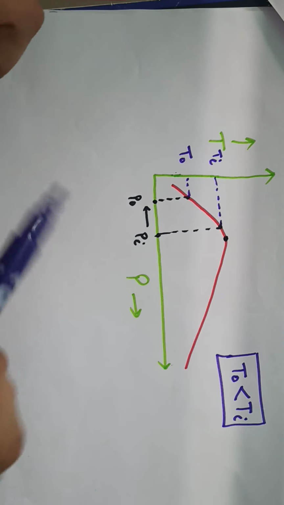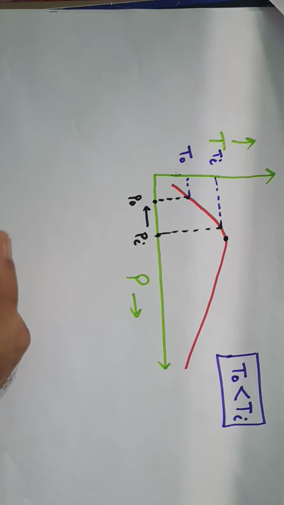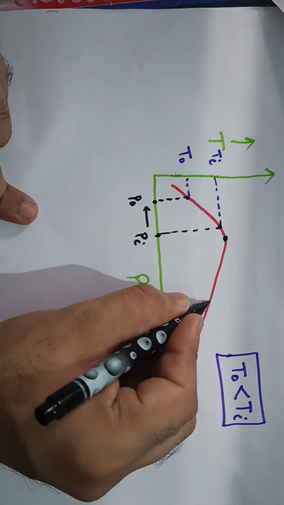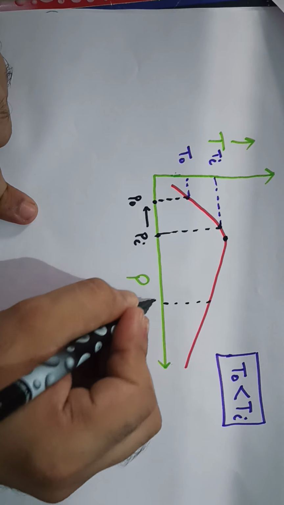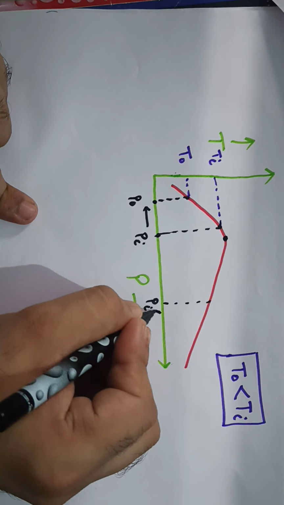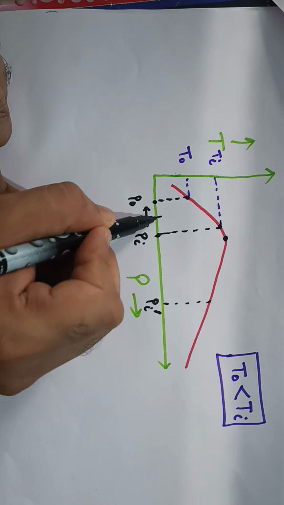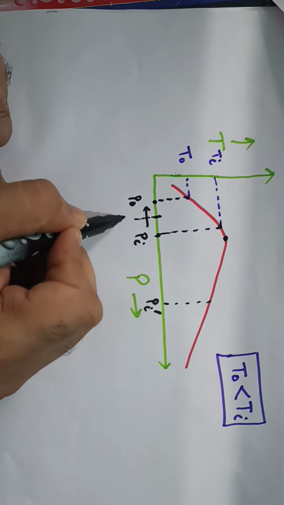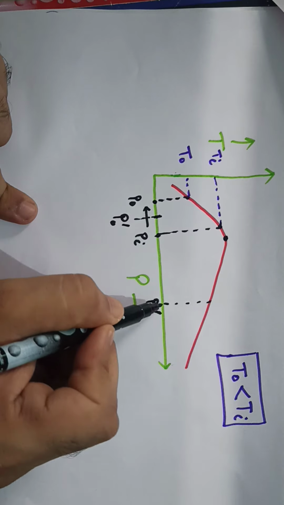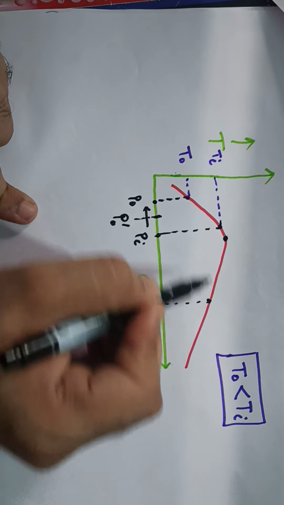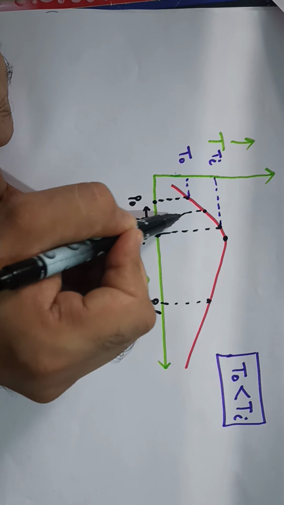But this is not always the case. Suppose we take another condition where the inlet conditions are at somewhere about this point, P inlet dash, and the throttling goes up to this point, P outlet dash. So this is the inlet pressure, this is the outlet pressure, and the corresponding points here are this and this.